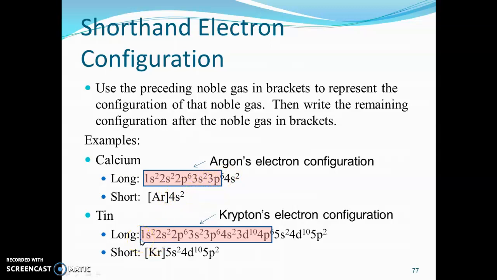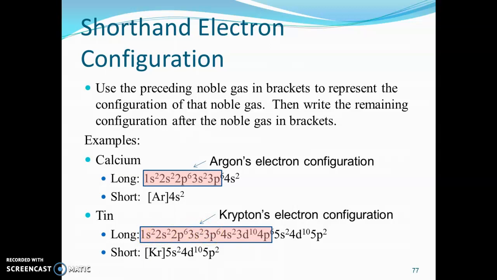And with tin, so the preceding noble gas to tin is krypton. You just look for the noble gas that has the next lowest, or the next smaller atomic number underneath whatever the atomic number of tin is. So tin is 50.